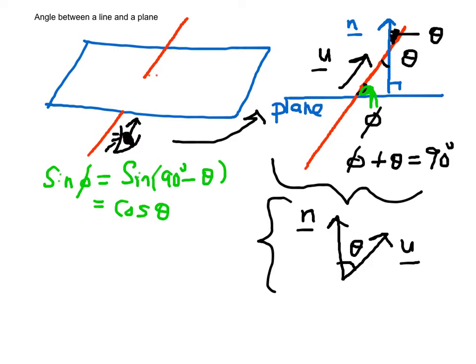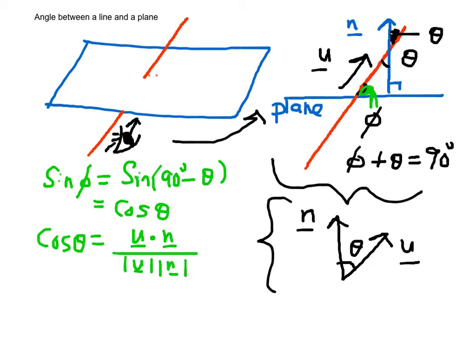But if you look at this illustration here, cosine theta is an angle between the two vectors u and n, and so the cosine theta is equal to u dot n. This is a definition of a dot product, over magnitude of u and magnitude of n.